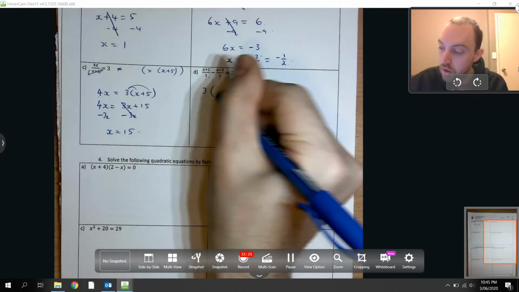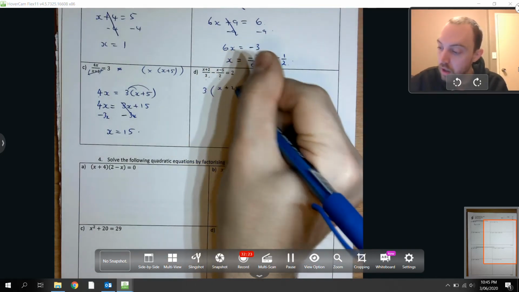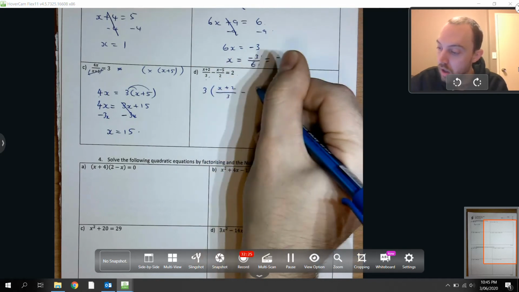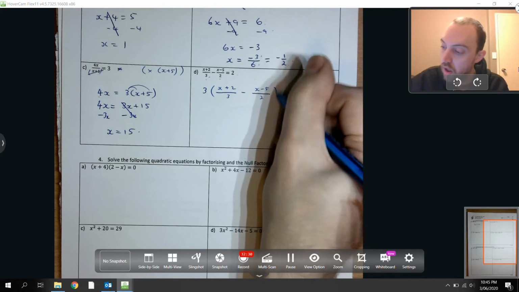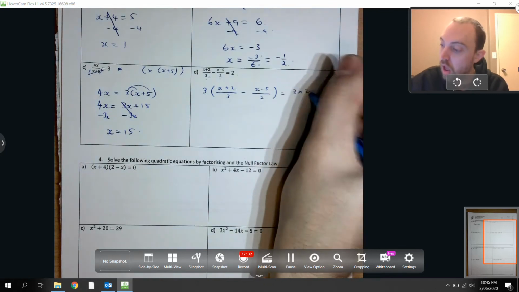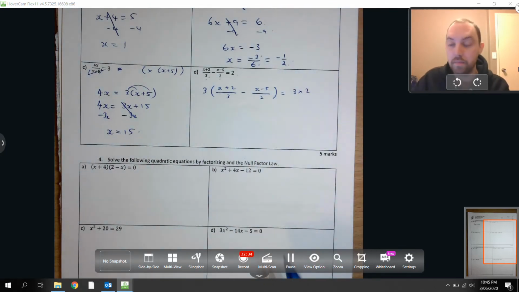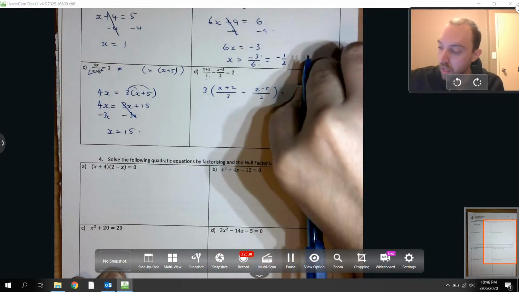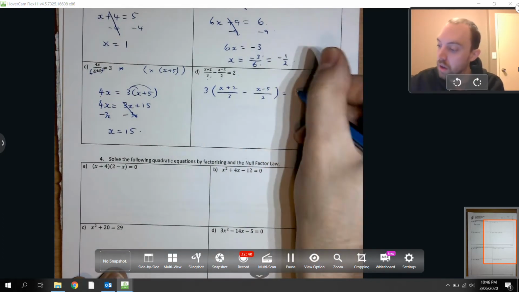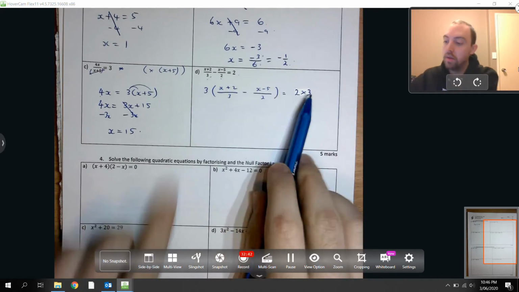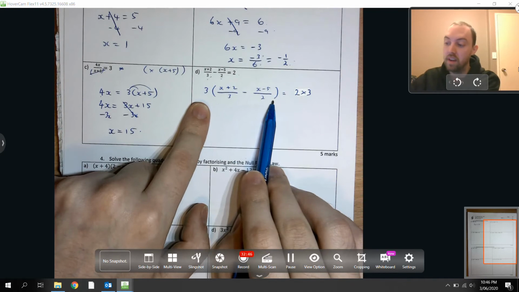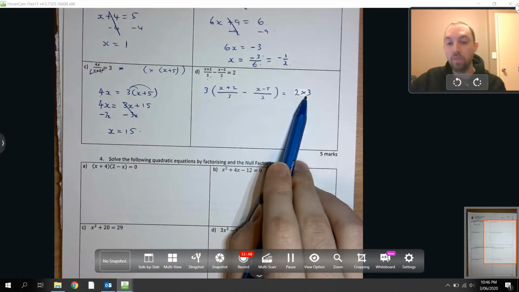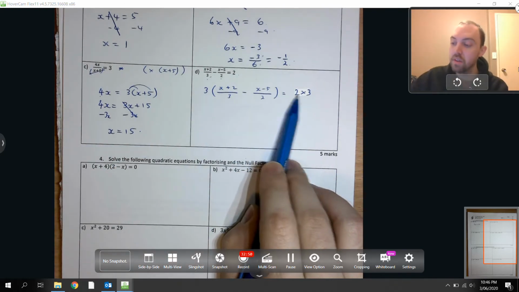So it would look something like that. Okay, I've timesed, maybe you'd prefer it the other way around. Times both sides by 3. I've got to do all of the left hand side times by 3 and all of the right hand side times by 3, which is a little bit easier.